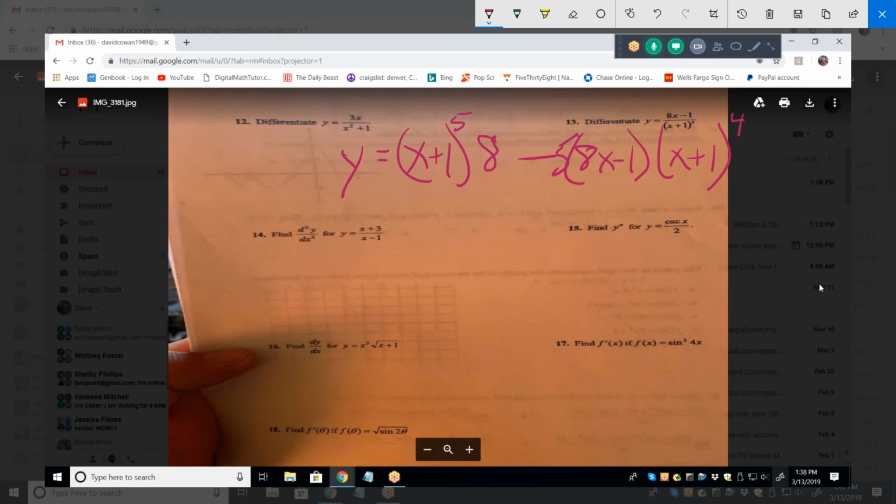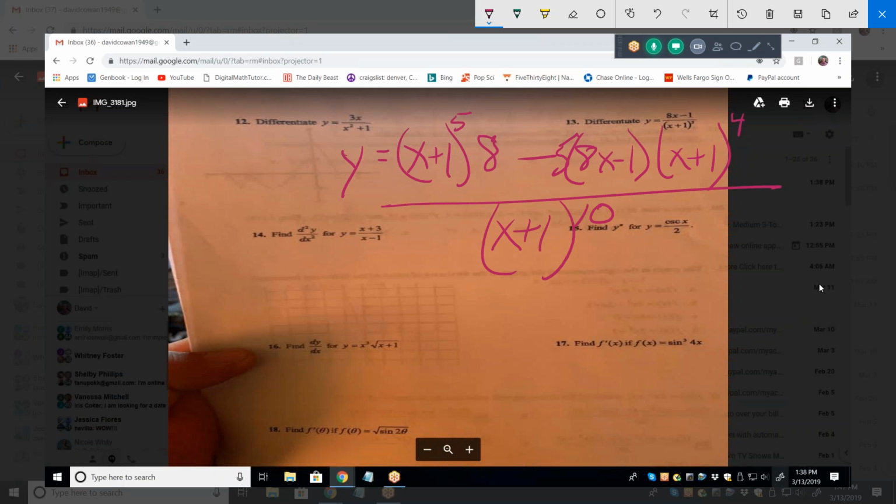And then we would have to apply the chain rule on that part, but the derivative of the inside is 1, so we can kind of ignore it. All of that is over x plus 1 to the 5th squared. Now, you can kind of see where the simplification problem comes in.